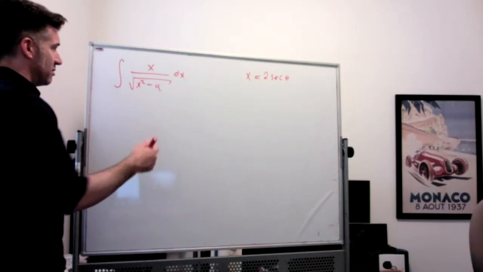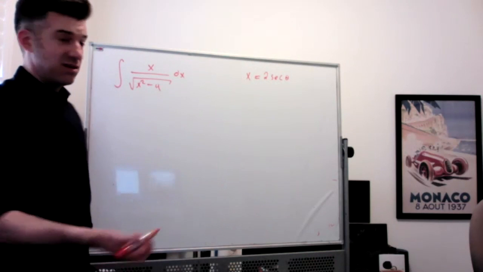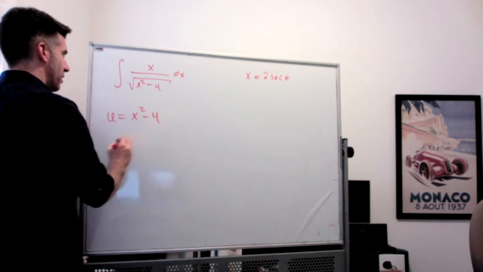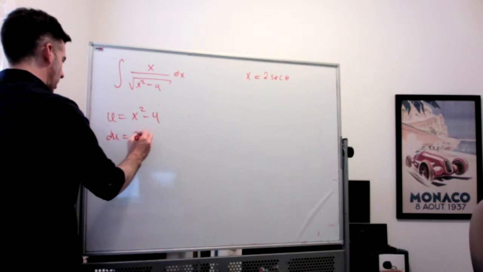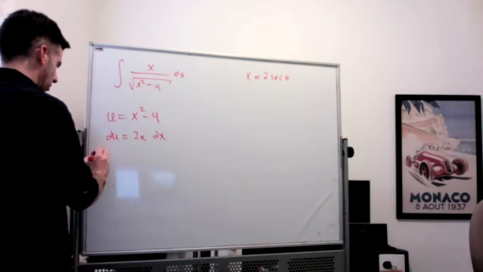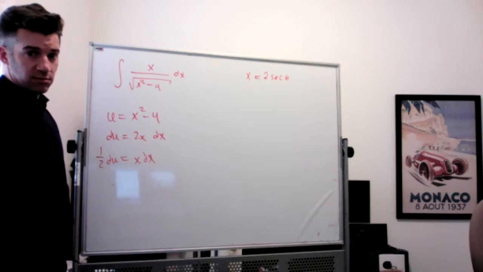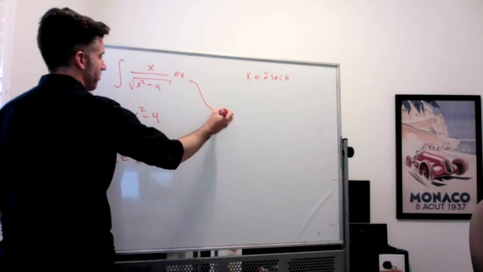I'm going to do this by doing a u substitution. I'm going to let u equal x squared minus 4, and du is going to be 2x dx. So that 1/2 du is x dx. Oh, well, this is much nicer now.